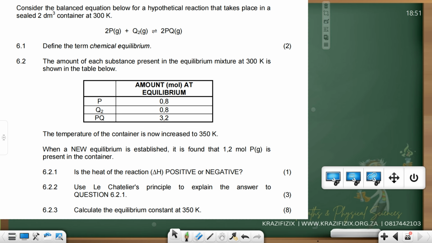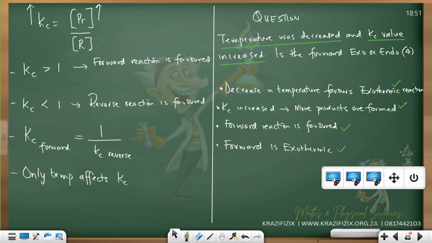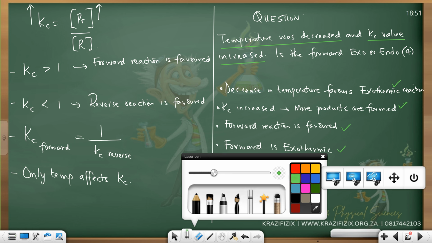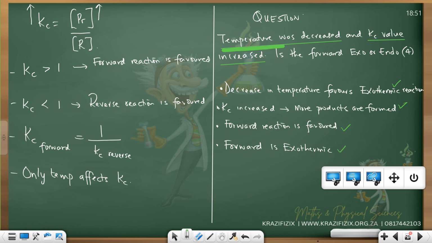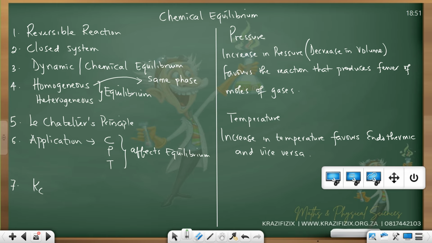Linda, just follow the statement that I wrote. Deal with what is favored. You must know the statement of fact. Temperature is decreased. A decrease in temperature favors exo. If you don't know the effect of those things, that's when you suffer.